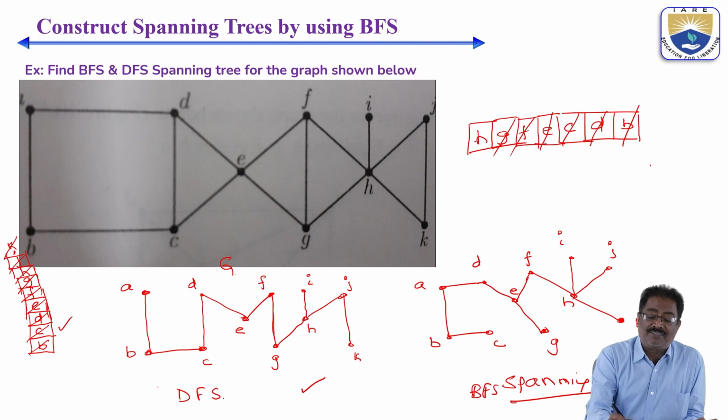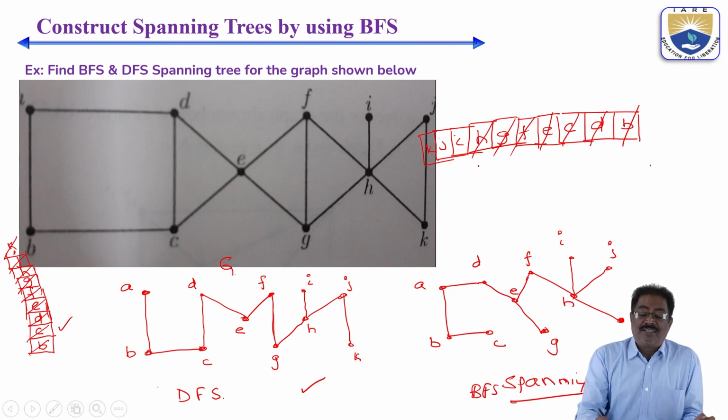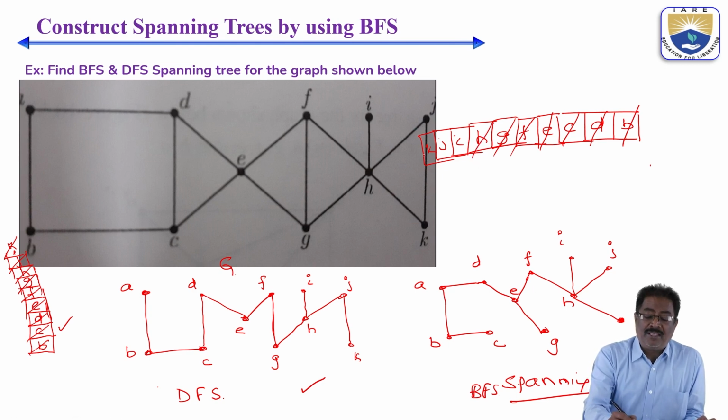Then H I have to consider. From H there are three adjacent vertices: one is I, another is J, and another is K. In this order I am going to consider, and then I remove after considering this. Then I, from I there is no other vertex to visit, so remove that. And next J, from J there is no other vertex.